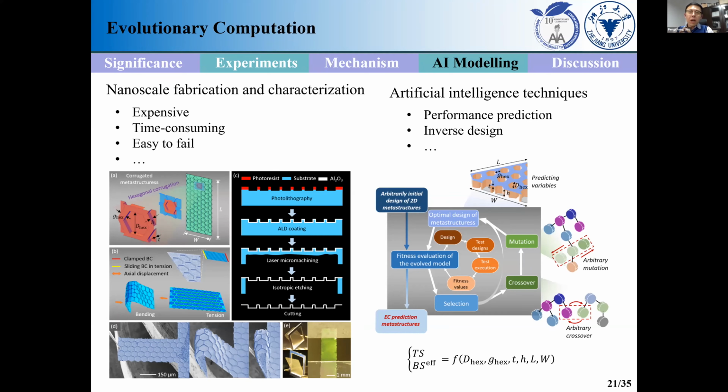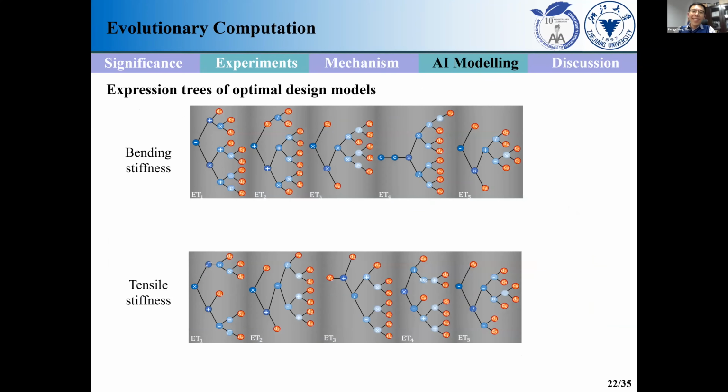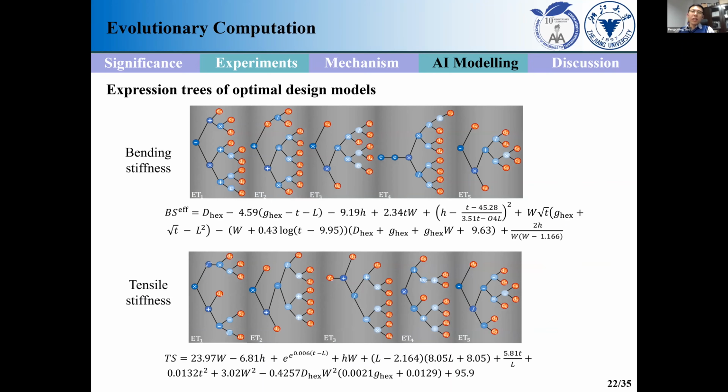And comparing to the whole range of techniques in the artificial intelligence domain, we particularly use evolutionary computation because this allows us to get the exact expressions based on the input variables and build up the relationship between the variables and the output function, such as in this case, we have the bending stiffness expression and tensile stiffness expression given in terms of the variables.